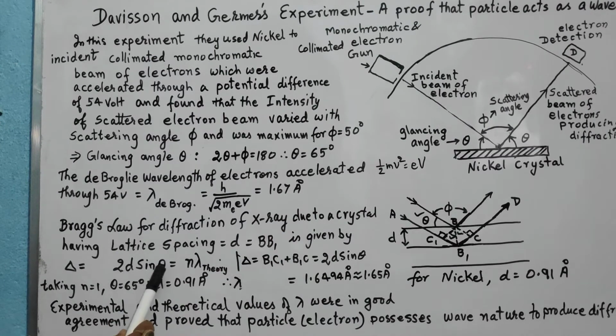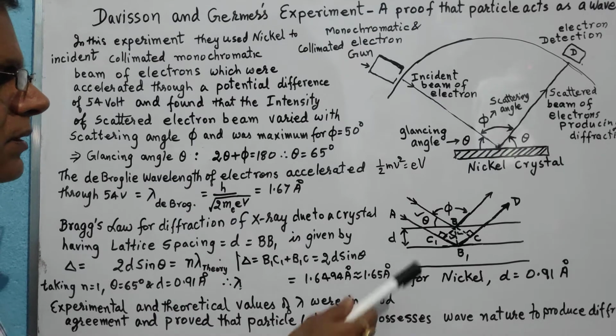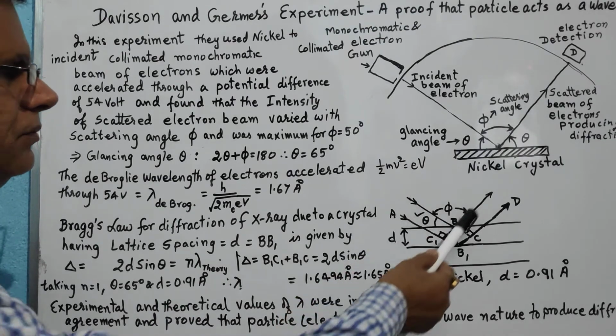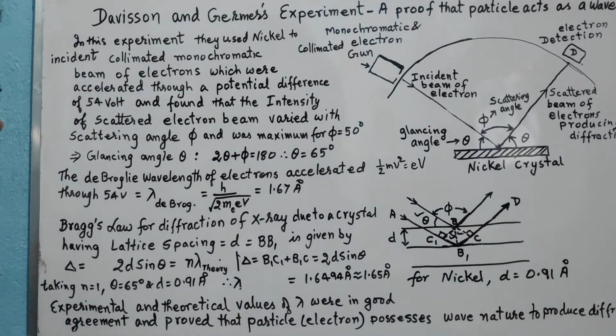So putting the value of theta 65 degree in this equation and taking n is equal to 1, the wavelength of this wave which was producing a diffraction pattern was found to be equal to 1.65 angstrom.